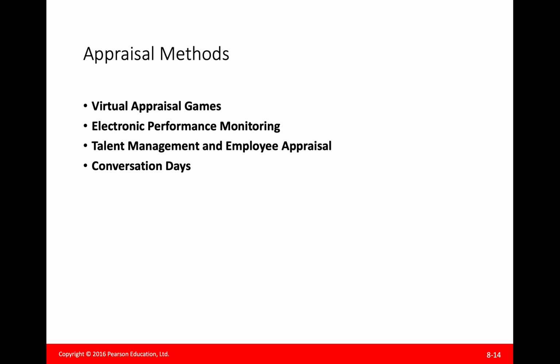For example, we have to reply to customers through email no later than 10 minutes after we receive the email. And then electronic performance monitoring will let us know whether the person is below the expectations, meets the expectations, or is over the expectations, so that they can take corrective action.